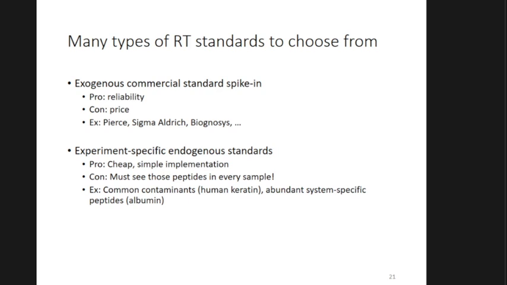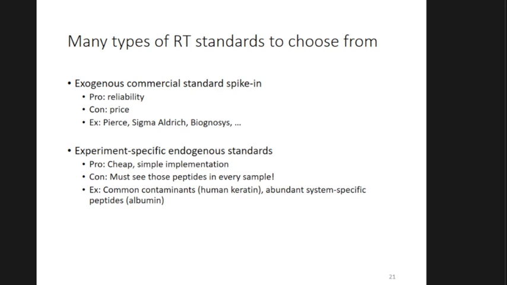So if that's not an option for your project, maybe you're the only one doing proteomics in your group, that's okay. You can still use experiment-specific endogenous standards. If there's just some protein, some peptide that you're going to see everywhere all the time in roughly the same amounts in all of your samples, you can use those as anchor peptides.